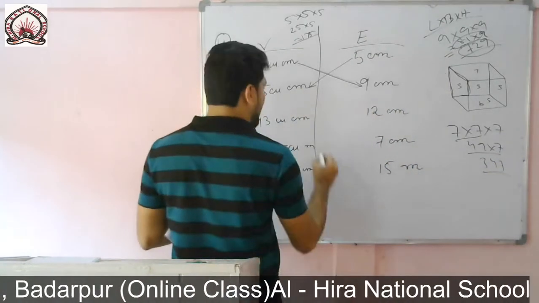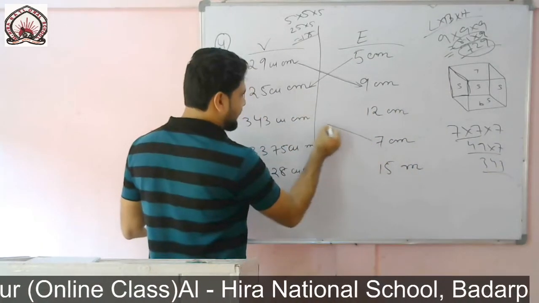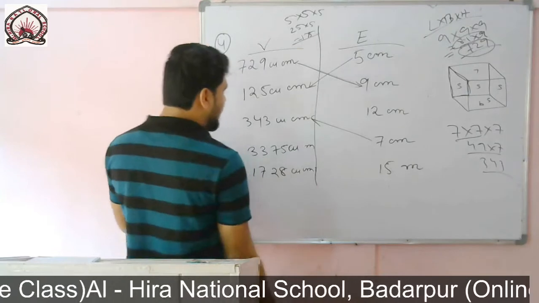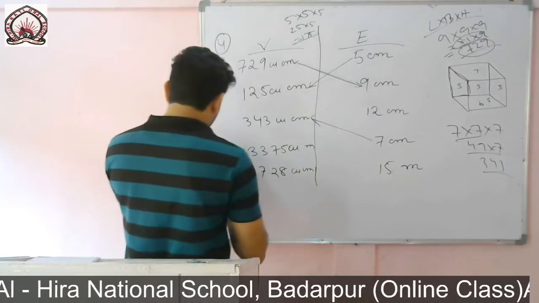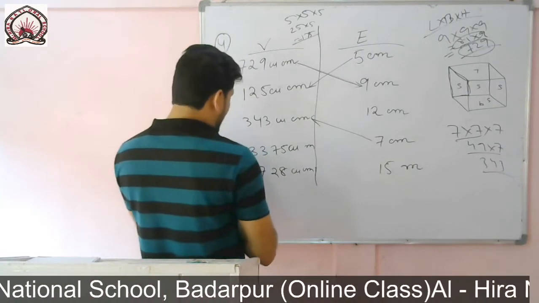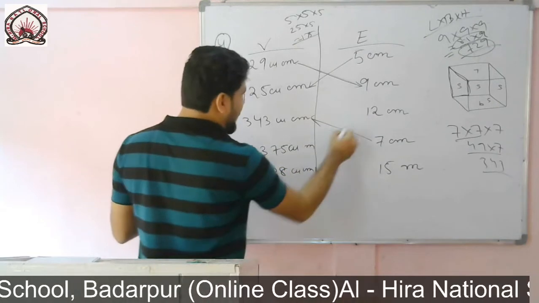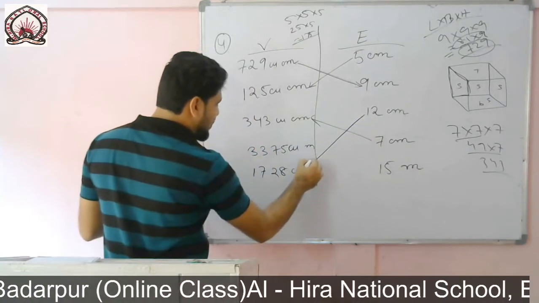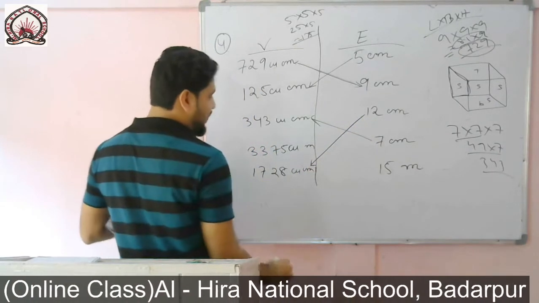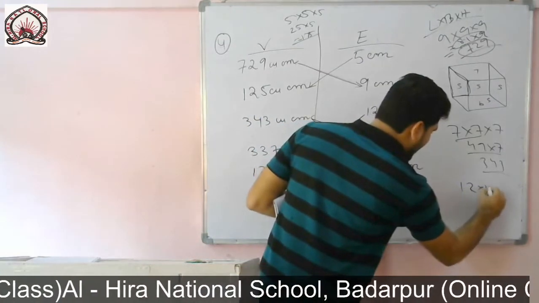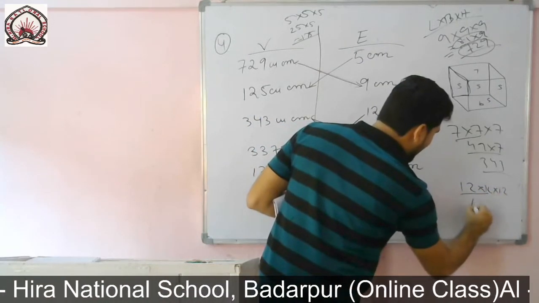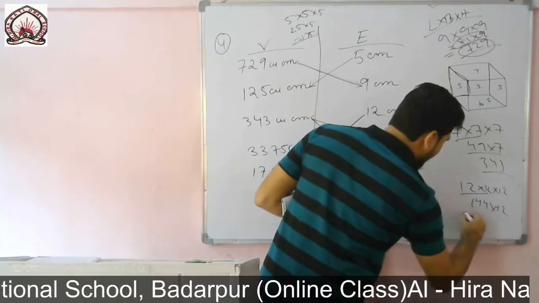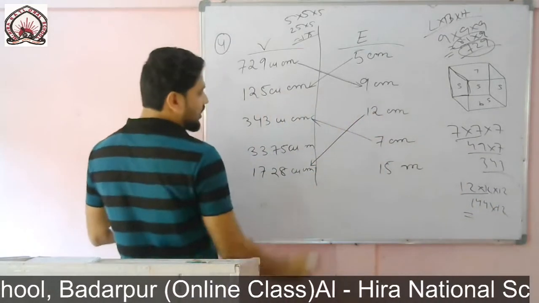Okay, so 7. Like this 12, it will be 1728. If you multiply 12 into 12 into 12, then you will get 1728. 12 into 12 is 144, 144 into 12, you will get 1728.